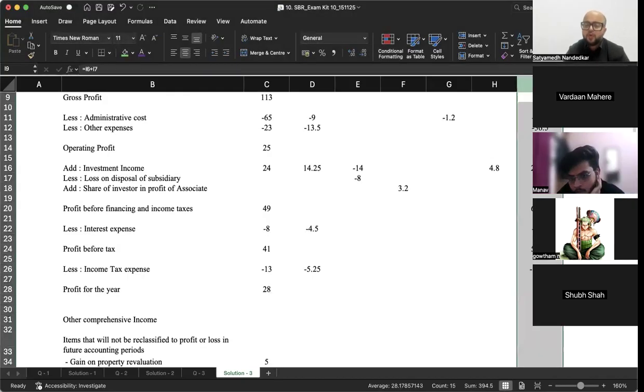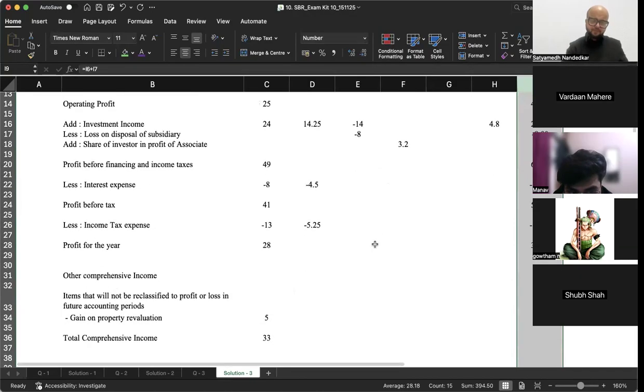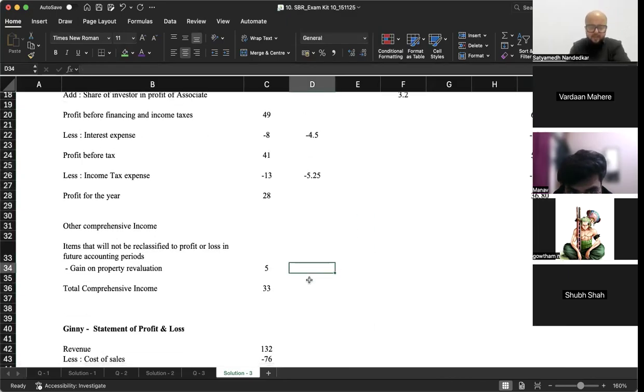Luckily for you, you don't have to calculate share attributable to parent and share attributable to NCI, वो करने का रिक्वायरमेंट नहीं है। ठीक है, अब OCI का पार्ट भी करना पड़ेगा, है ना? Yes, sir. कैसे करेंगे?